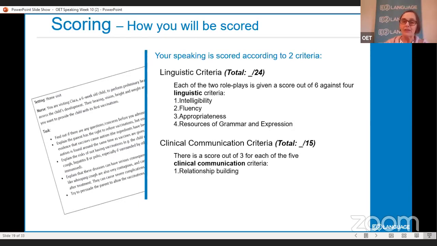However, these interact with your linguistic criteria, your fluency, your appropriateness, and so one reacts with the other in a way. So if you can get the clinical communication criteria, everything else flows and it's more appropriate.